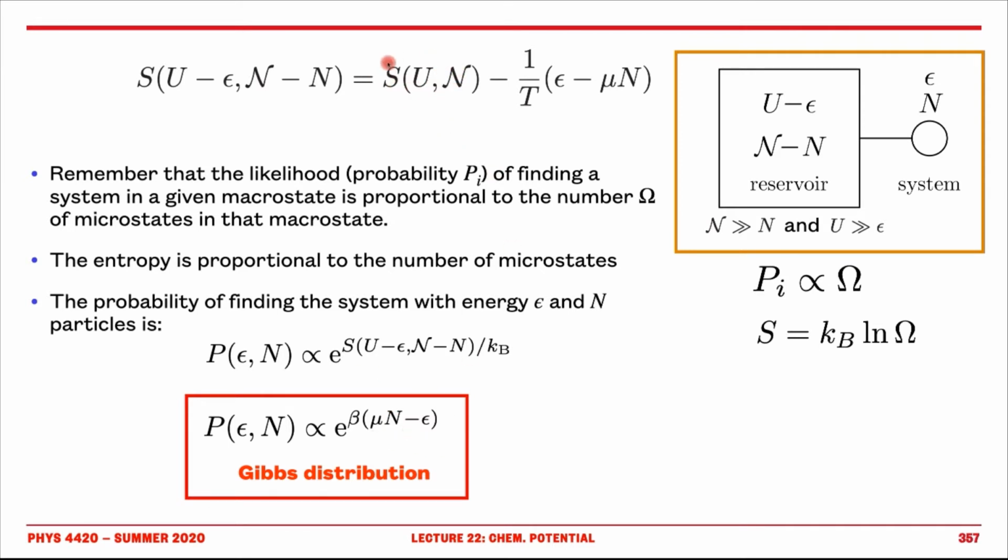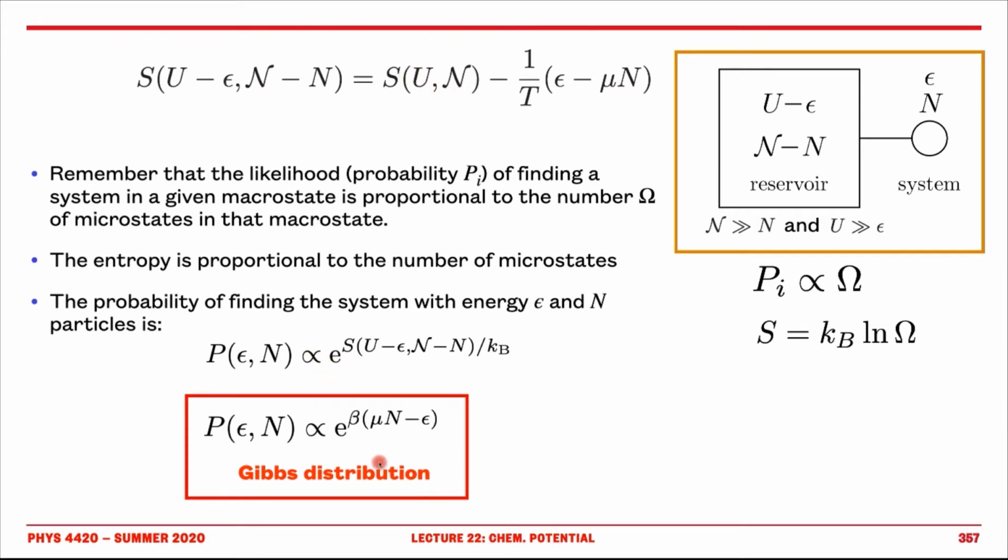This is just a constant that we don't have to worry about. It goes into the proportionality constant. What I mean is that it does not depend on epsilon or n. So we can substitute this by this, and since I have a proportionality constant, this term can go into the proportionality constant.